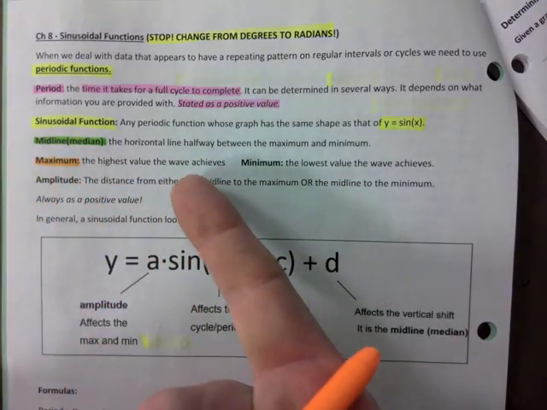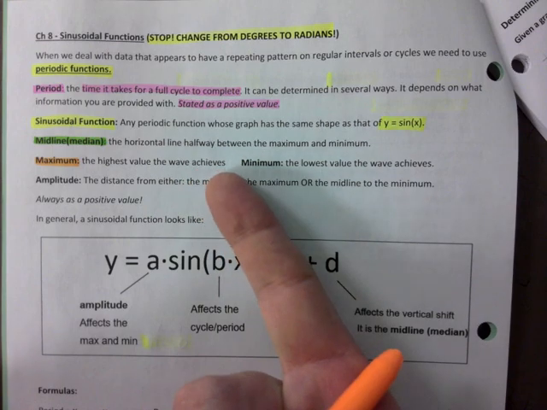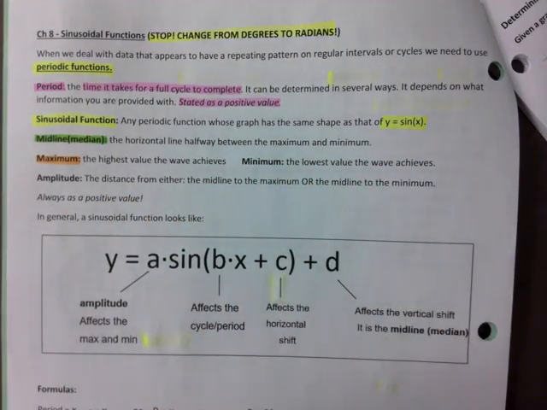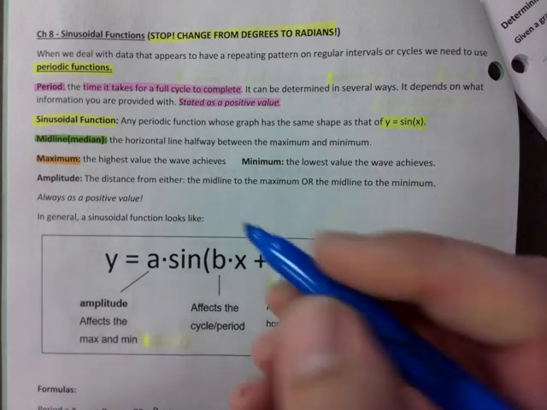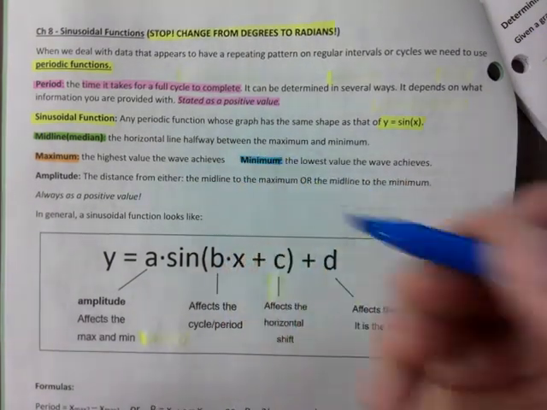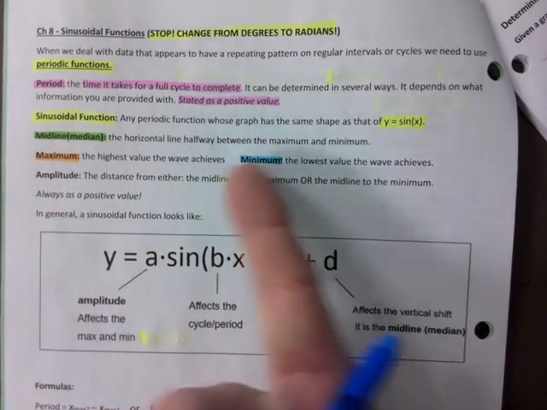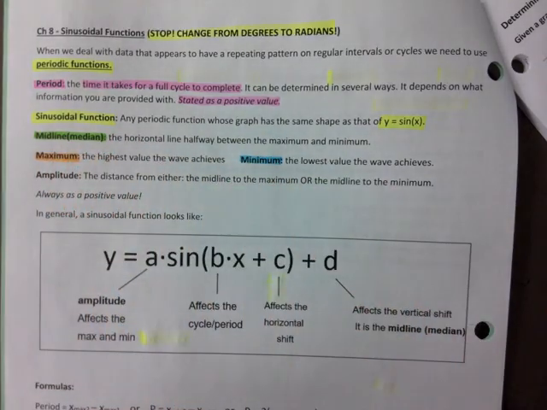It's the highest value the wave achieves, and minimum is the lowest value. I'm running out of highlighters, but I think I can manage. I'm gonna give that blue. Okay. There's the maximum, there's the minimum, there's the median. I'm giving those 3 different colors if you can.